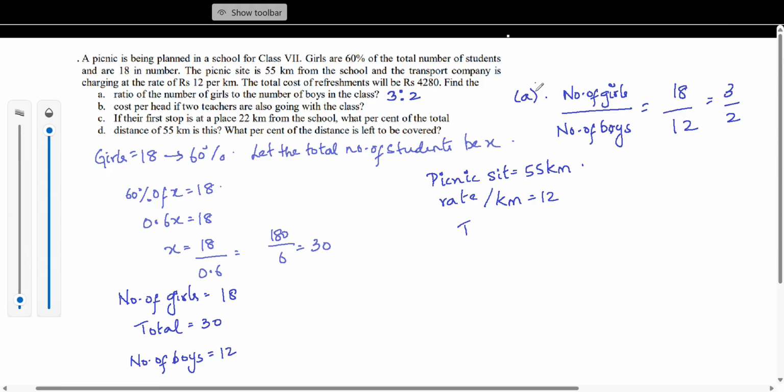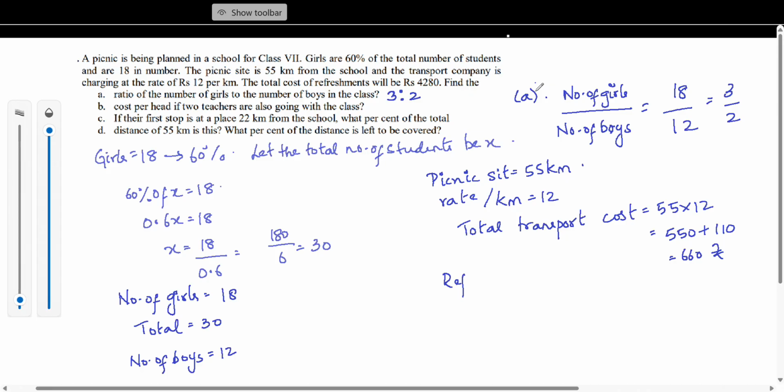So total transport cost would be 55 into 12. By partitioning 55 into 10, 550, 55 into 2, 110, 660 rupees. This is the transport cost.